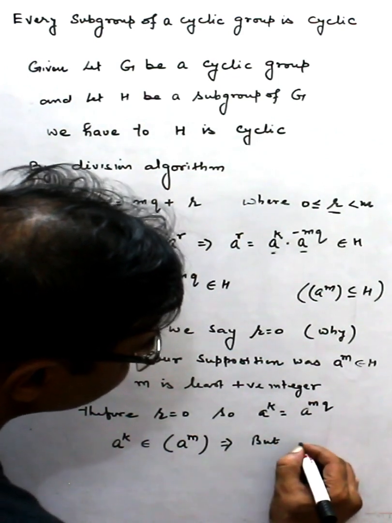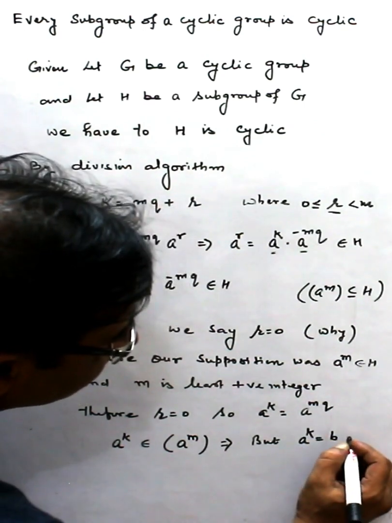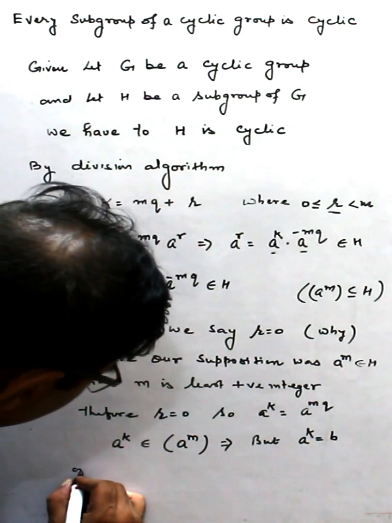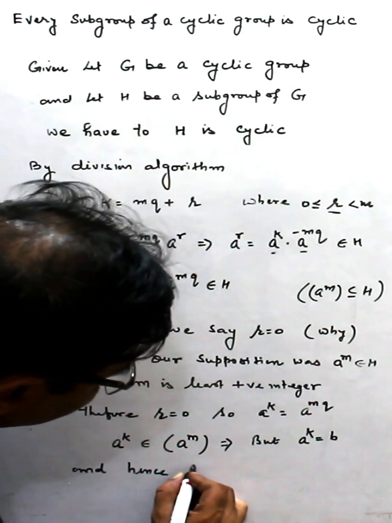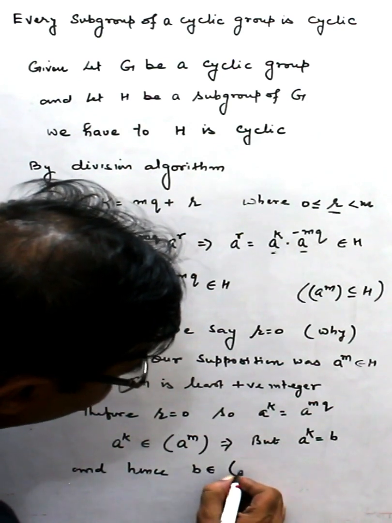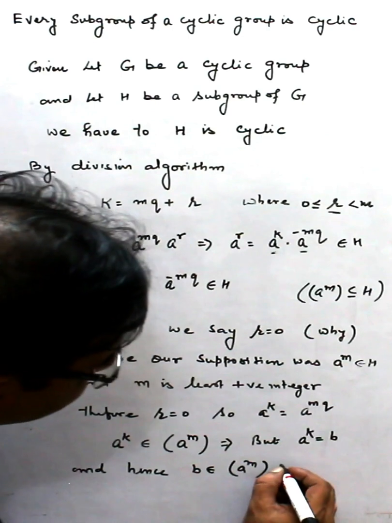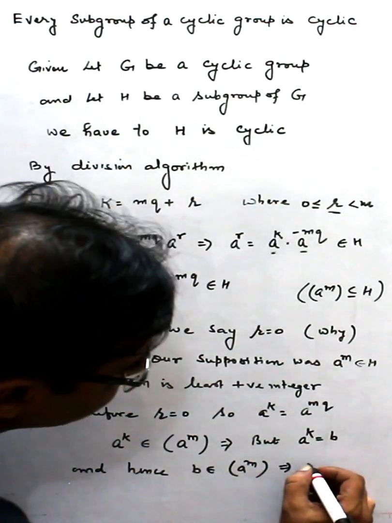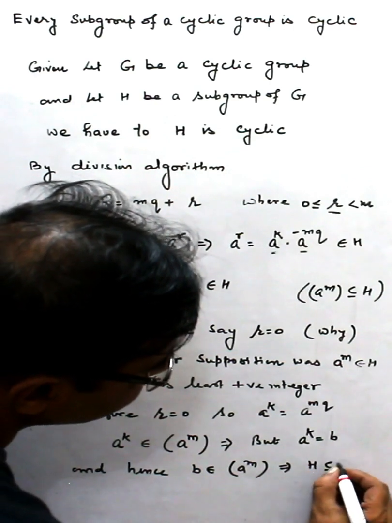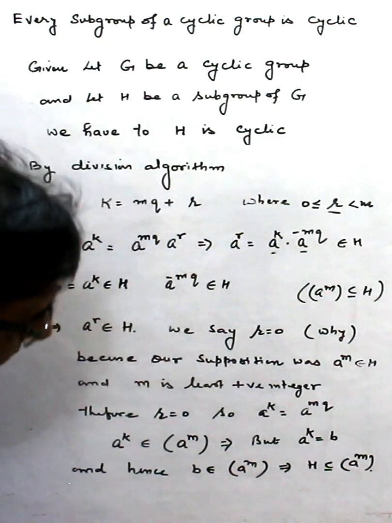a^k was b, and hence b belongs to <a^m>, where b was the element we chose from H. That means H is a subset of <a^m>.